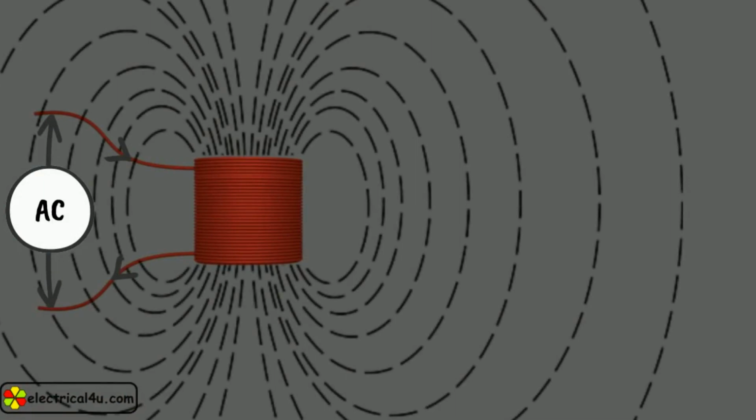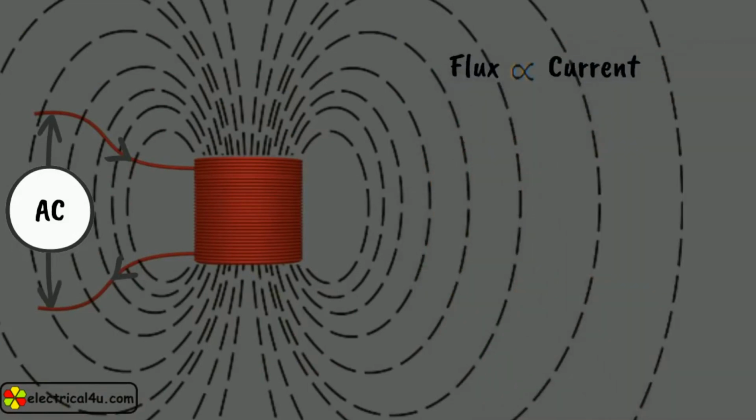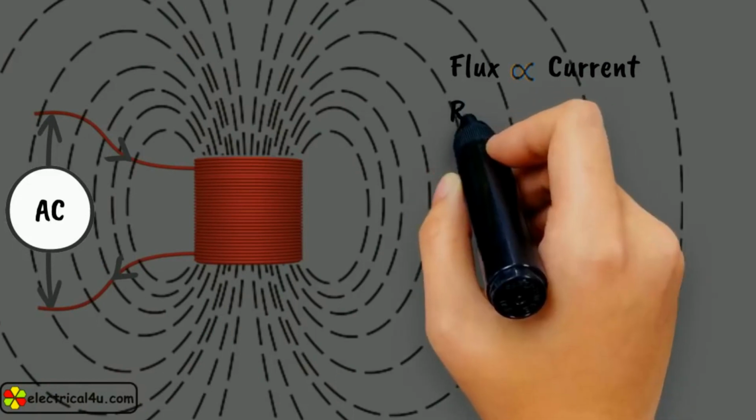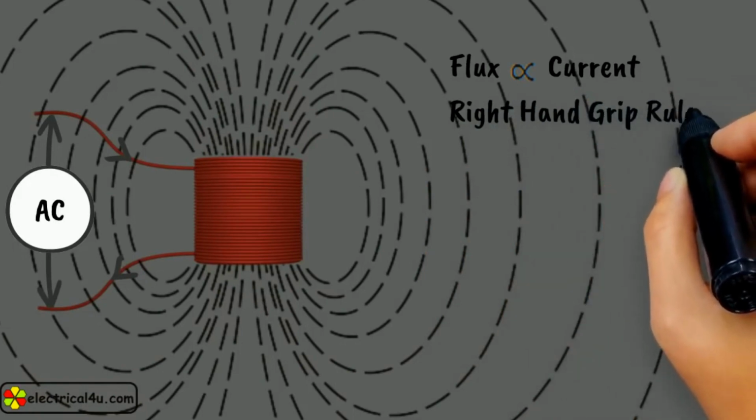The magnitude of this flux is proportional to the magnitude of the current flowing through the winding. The direction of the flux is according to the direction of current. The direction of the flux can be found out by applying the right-hand grip rule.